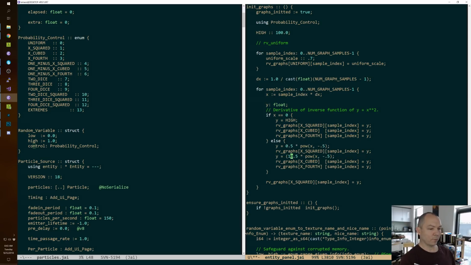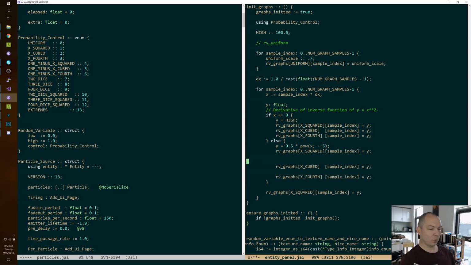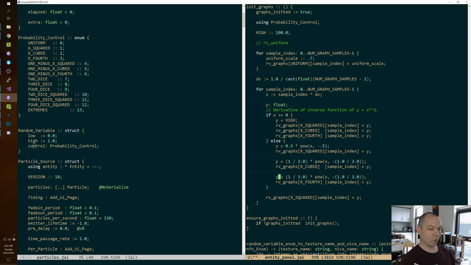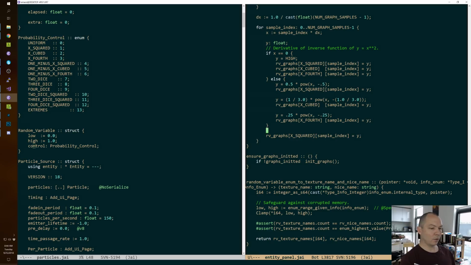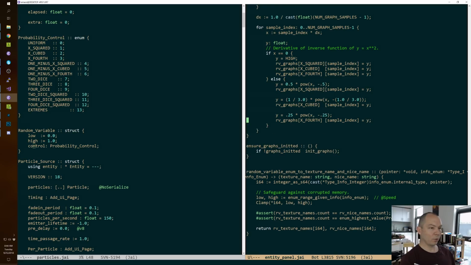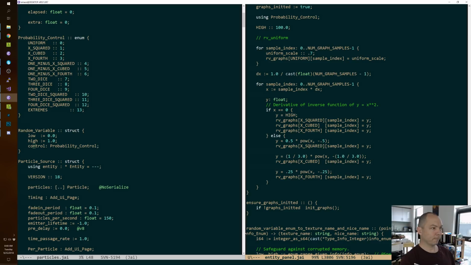So that's going to be x cubed, and x to the 4th is going to be 2.5 pow minus 0.25. And those are going to be the only ones we do so far. We'll figure out the math on some of these other ones later. The rest of our graphs are going to be 0.